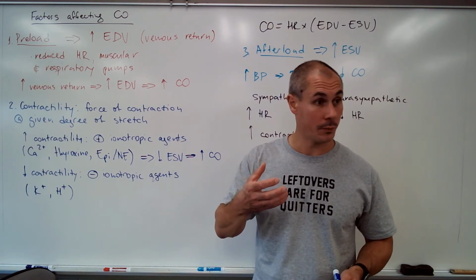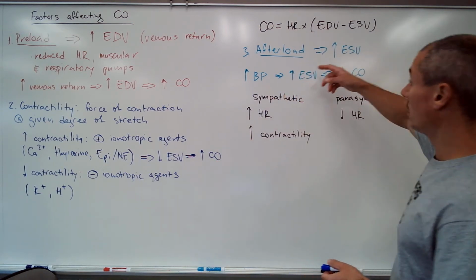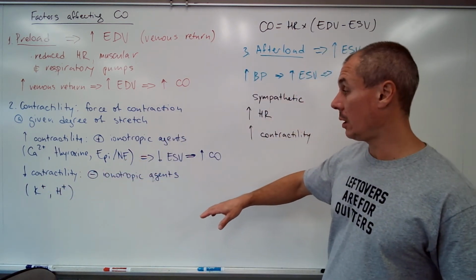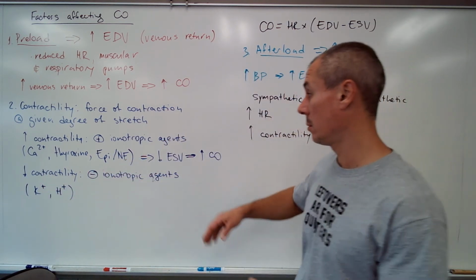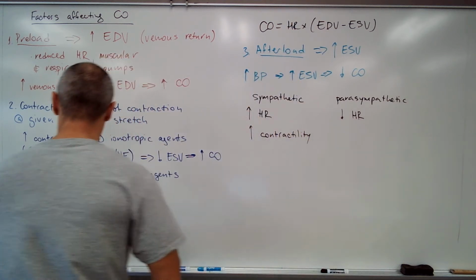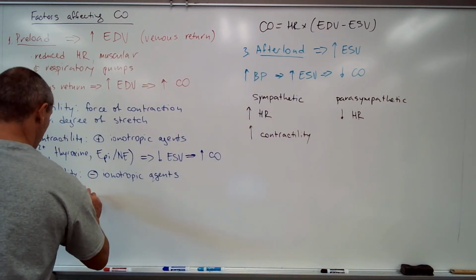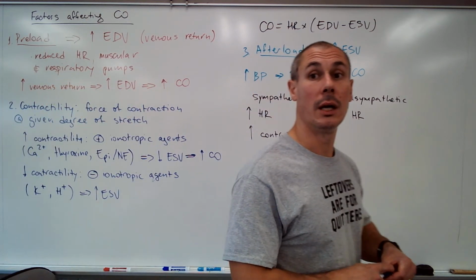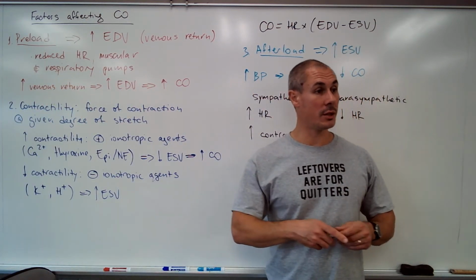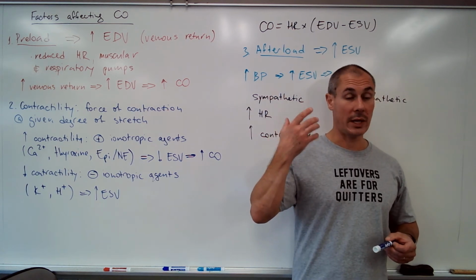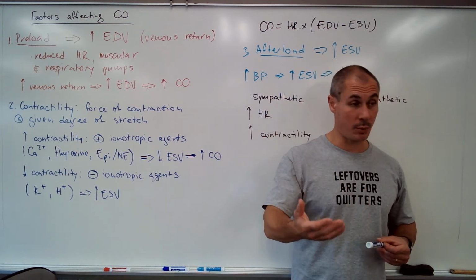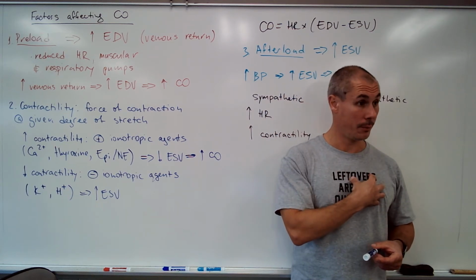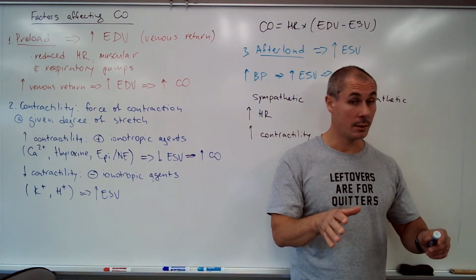Does that make sense? So both hypertension and lower contractility increase end systolic volume. Is that clear? The stroke volume that my mom's heart can produce is smaller than my stroke volume. Does that make sense?